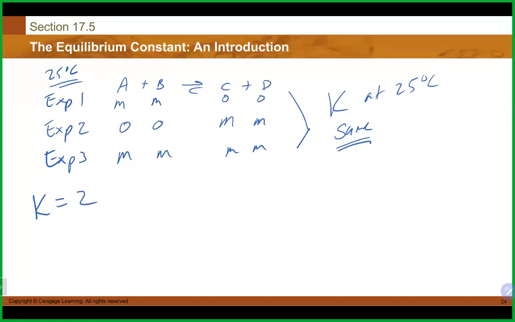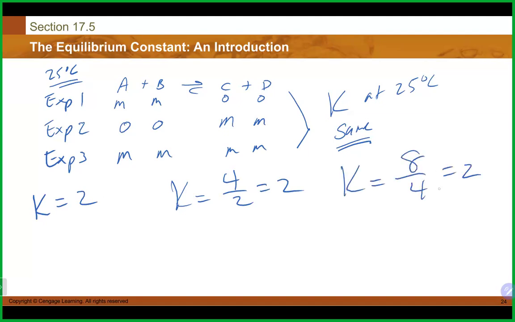There are many ways I could get to 2. I could get K equals 4 divided by 2 equals 2. I could get K equals 8 divided by 4, that equals 2. I could get K equals 2 divided by 1, that equals 2.